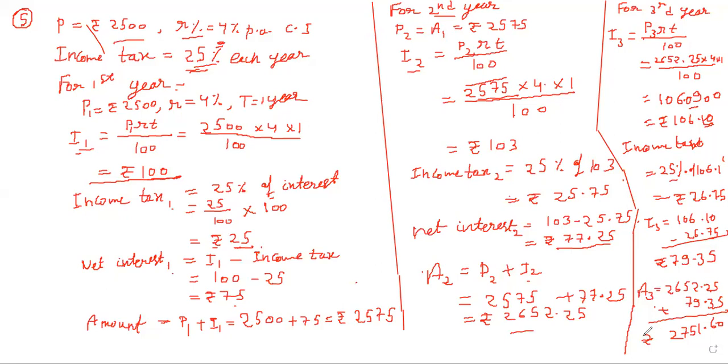So the final amount is rupees 2,751.60. Whenever there is income tax, it must be deducted from the interest.